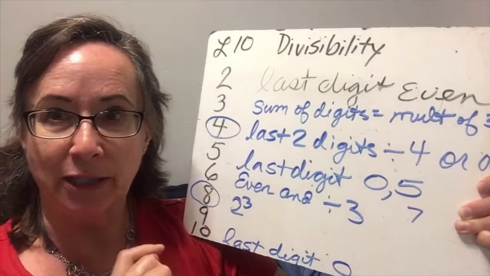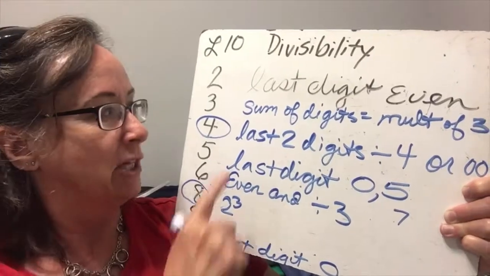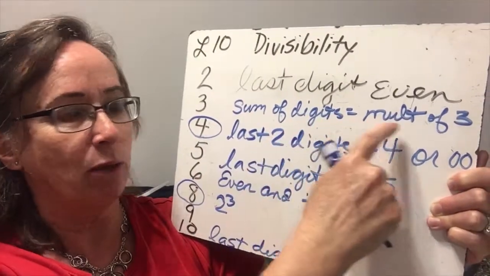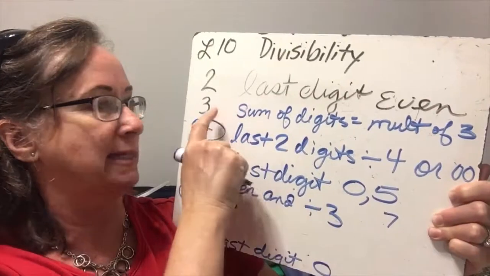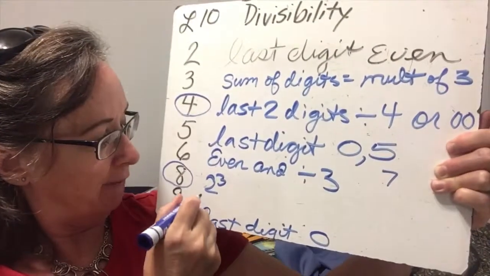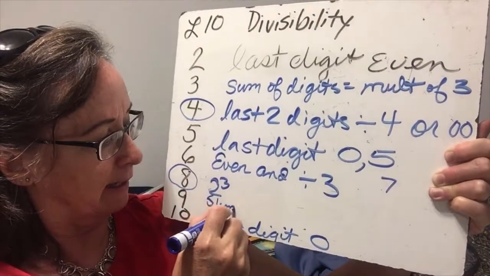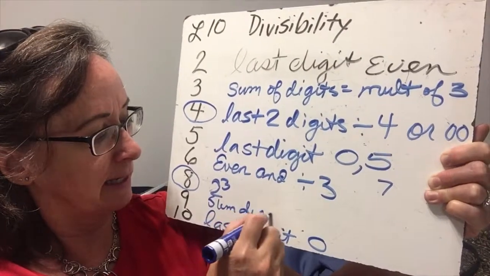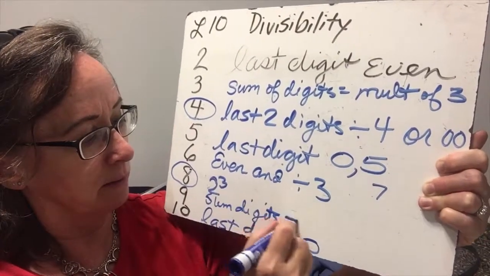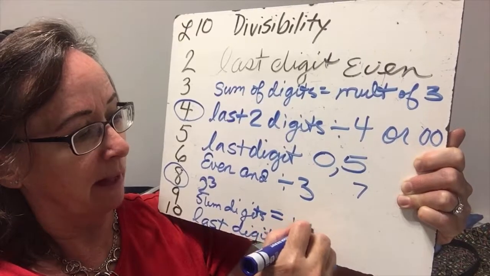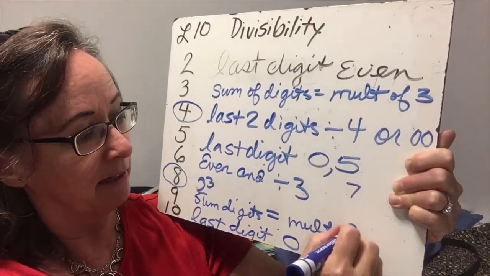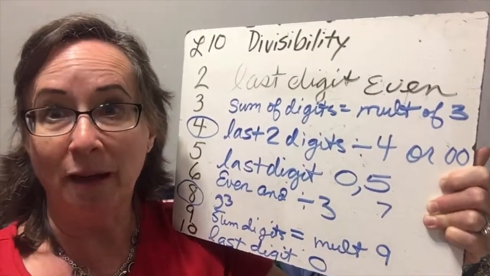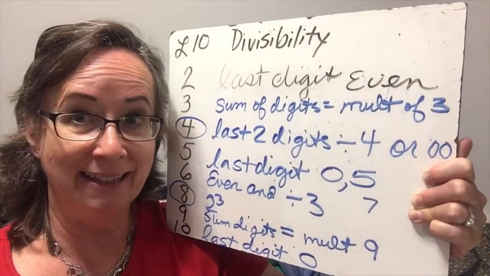And the last one we're going to talk about is the 9 rule. Just like the sum of the digits equal a multiple of 3 makes it divisible by 3, if the sum of the digits is equal to a multiple of 9, then the whole number is divisible by 9.